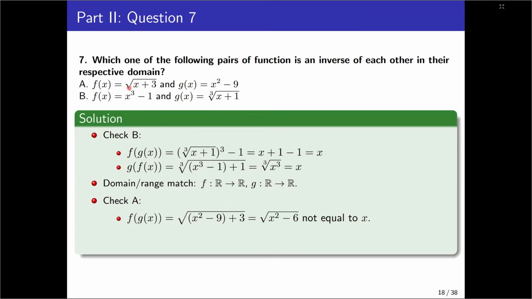Also, there is a domain issue: f requires x greater than or equal to minus 3, and the output of g can be less than minus 3. So f of x equal to the square root of x plus 3 cannot be the inverse of g of x equal to x squared minus 9, or vice versa.